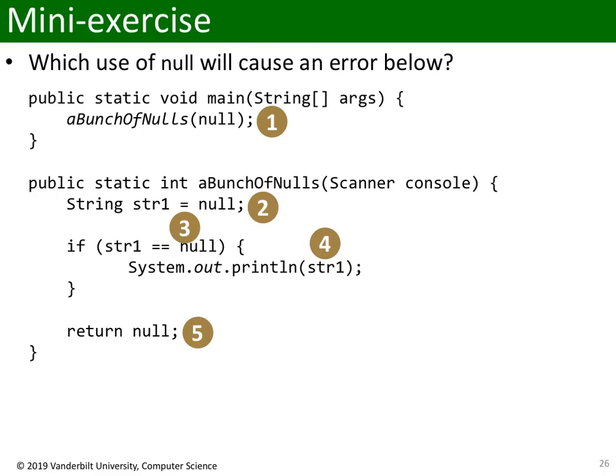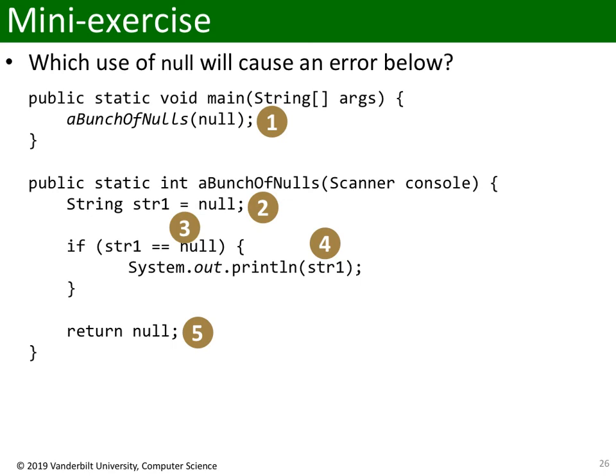Then inside at point 2, we declare a string reference variable called string1 and set it equal to null. Is that okay? Yes, just as we said, anytime we have a reference variable, regardless of what class type it is, we can store the value null in that reference variable. Null means there's no object here yet.